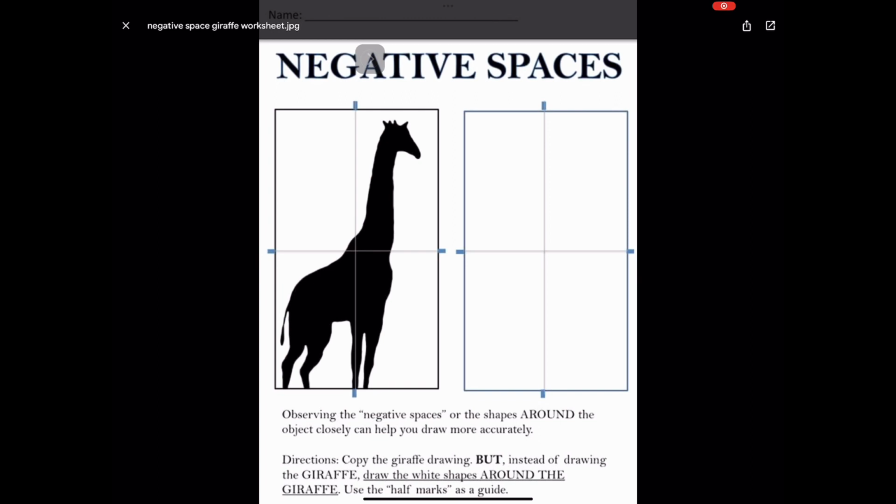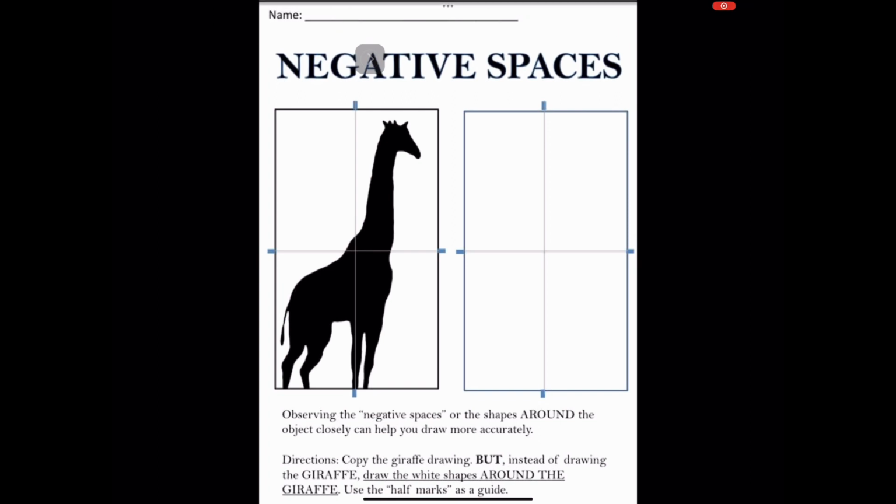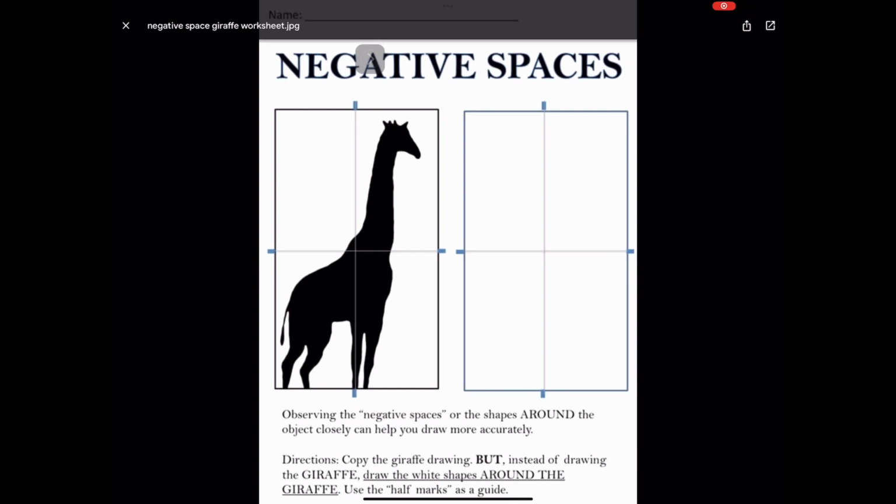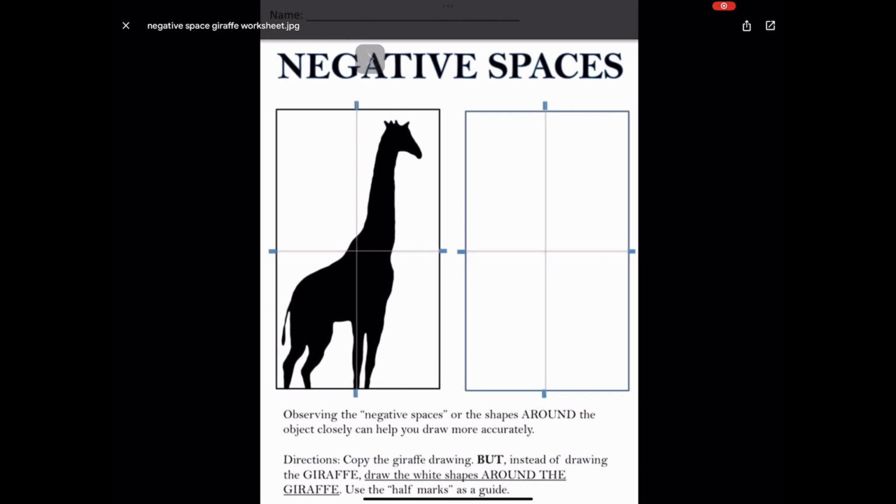And then I want you to use any color that you want and color the negative space. So the negative space will be a dark color, or blue, red, black, whatever color you want to make it, and leave the giraffe without that.